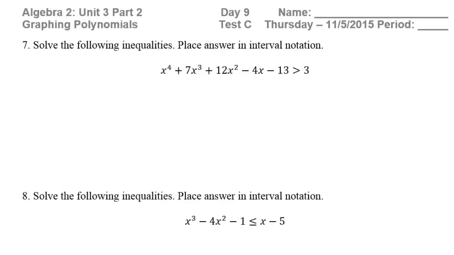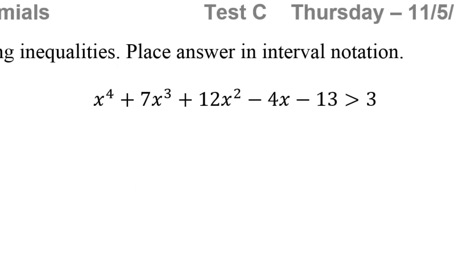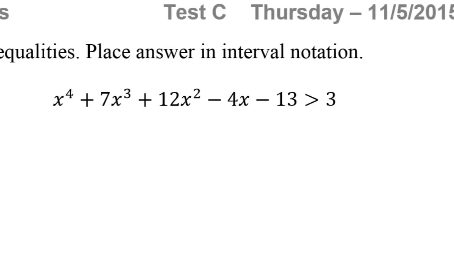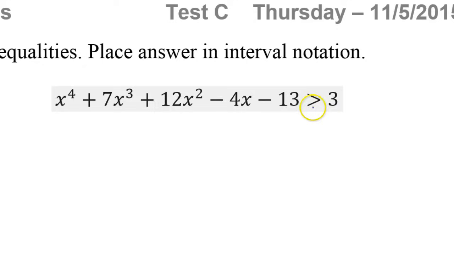Alright, in this video we will learn how to solve polynomial inequalities such as these. Notice the greater than and less than or equal to sign. Well, for almost everything we do, by the way, this is number 7, it is helpful to get 0 on one side.